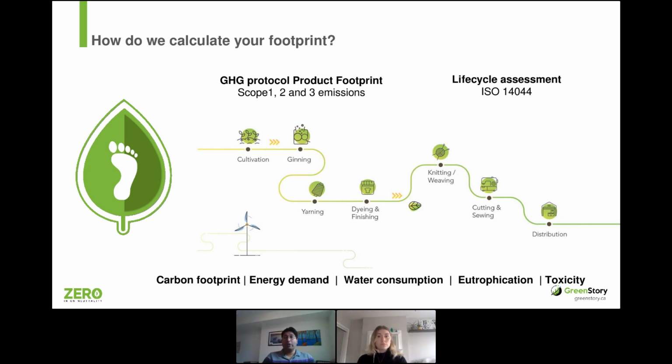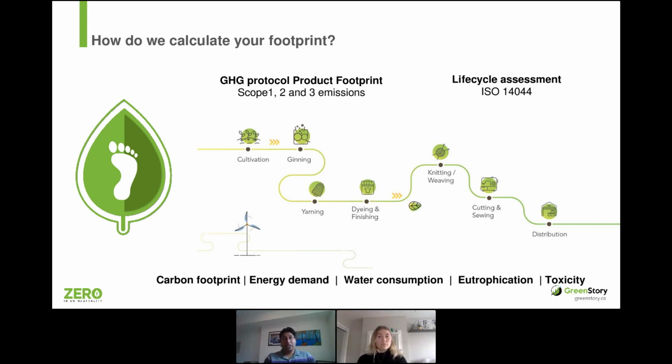And there are primarily two methodologies available today to look at the carbon footprint. One is the GHG protocol product footprint, which looks at emissions from scope one, which is your own company's emissions, scope two, which is emissions from the electricity which you have bought, and scope three emissions, which are your value chain emissions, both upstream and downstream.